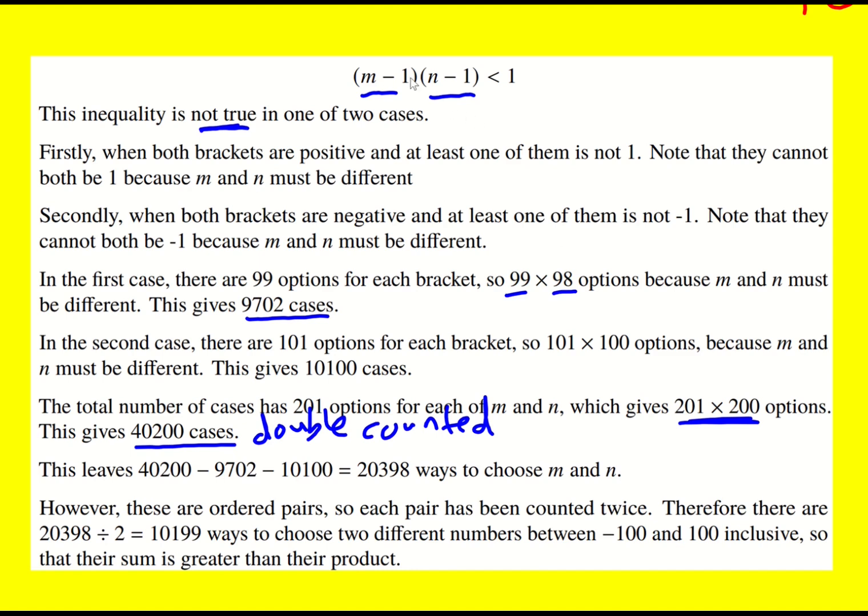So that includes having m minus 1 equal to 0 here, actually. That's why there's now 101 options, and then you times by 100 for the second one. So if you subtract these, that gives 20,398, but then we have to divide by 2 because, like I said, we are double counting, and that will give the same answer of 10,199.